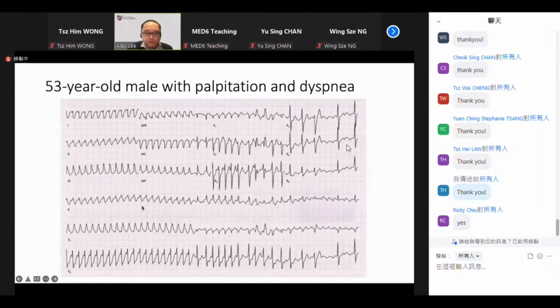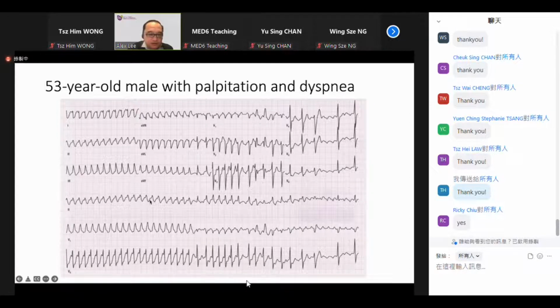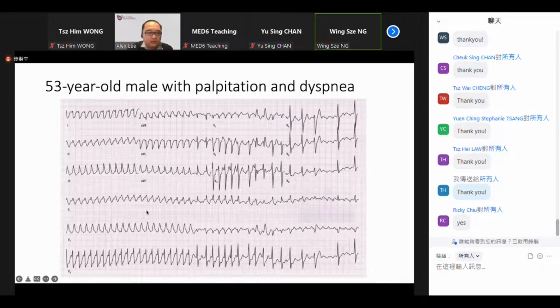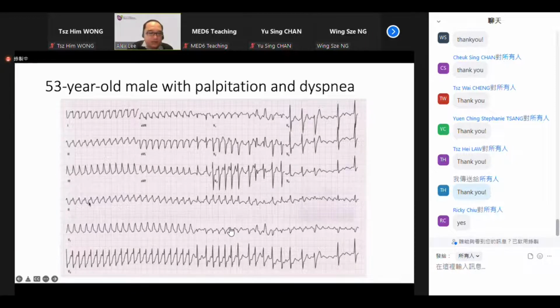If this is an SVT, then what kind of SVT is it? Look at this shape. What does it look like here? Flutter, atrial flutter. Okay, how do we call this kind of shape?